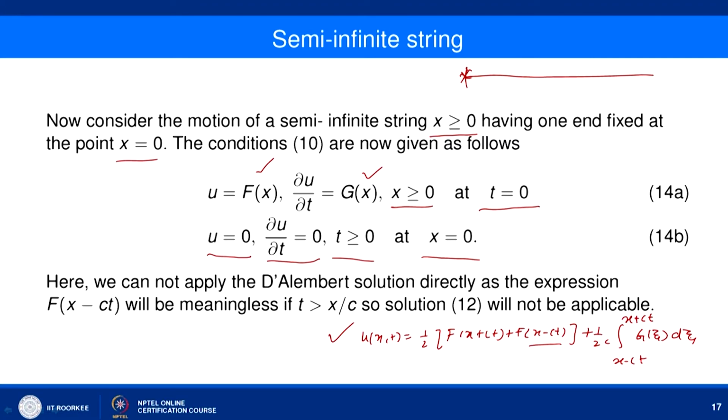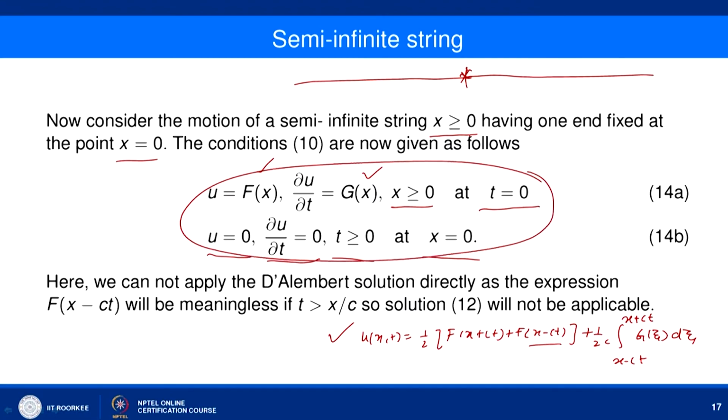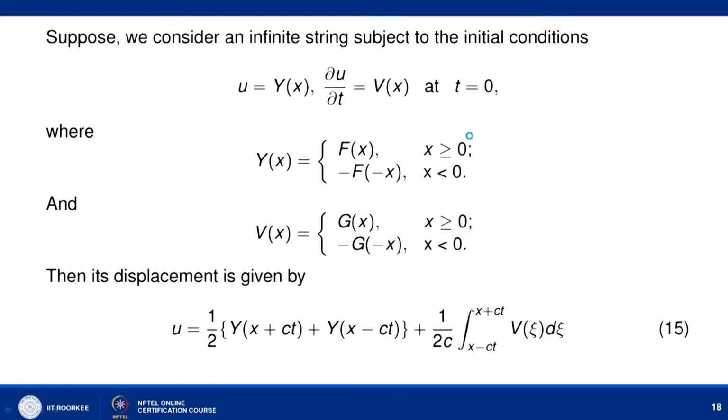What we try to do is extend the other half part in a way such that the considered problem is a particular part of this extended problem. Suppose we consider an infinite string subject to initial displacement y of x and initial velocity v of x at t equal to 0.